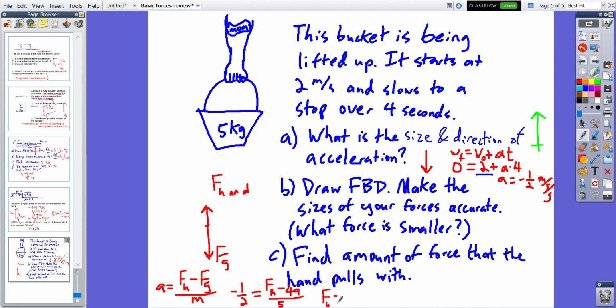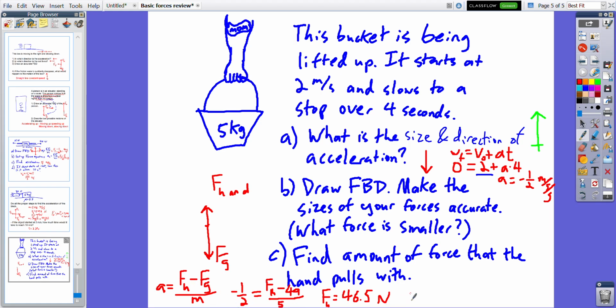So you should get 46.5. Now, if you got something larger than 49, say 51.5, which my guess is a lot of people might get, you should automatically know something went wrong, because if you drew this accurately, there's no way that can be 49 and that can be 51.5. This has to be smaller than that. So if you got something larger than 49, usually it's because you weren't careful about your signs.